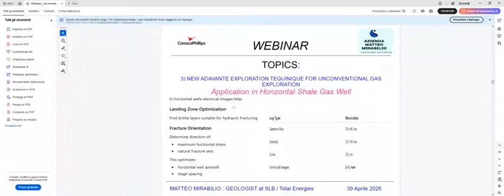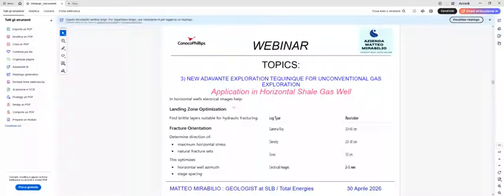New advanced exploration techniques apply, for example, also in horizontal shale gas wells. In horizontal wells, electrical images help to establish and study the landing zone optimization and find the brittle layers suitable for hydraulic fracture.